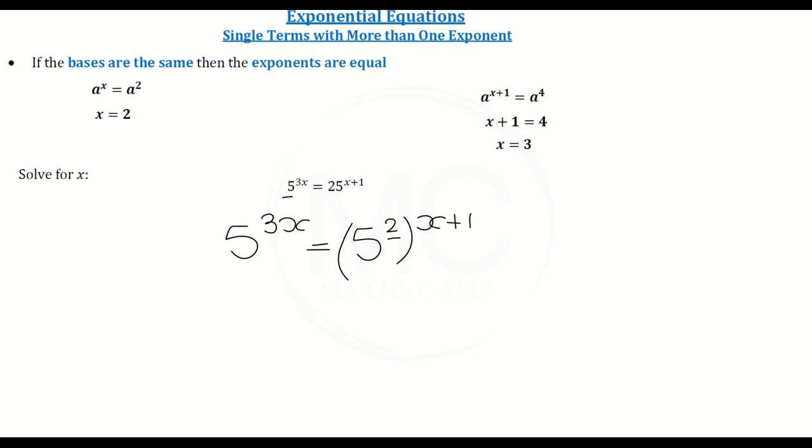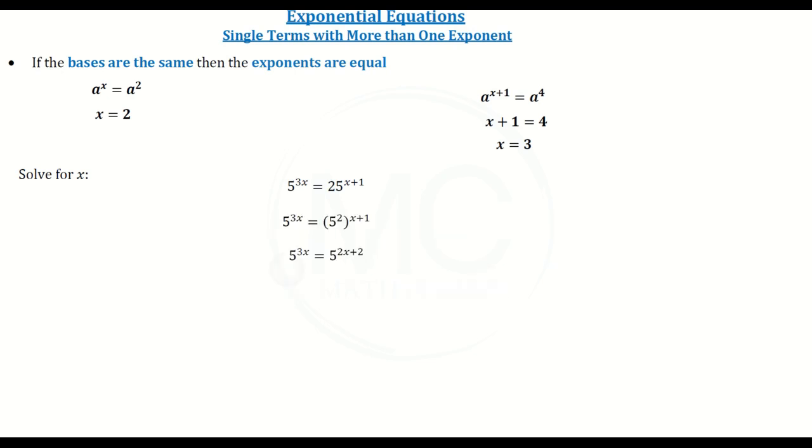Now we can multiply out our exponents. So we have 5 to the power of 3x is equal to our base of 5. Then we multiply 2 by x, and we get 2x. Then we can multiply 2 by 1, and we get positive 2.